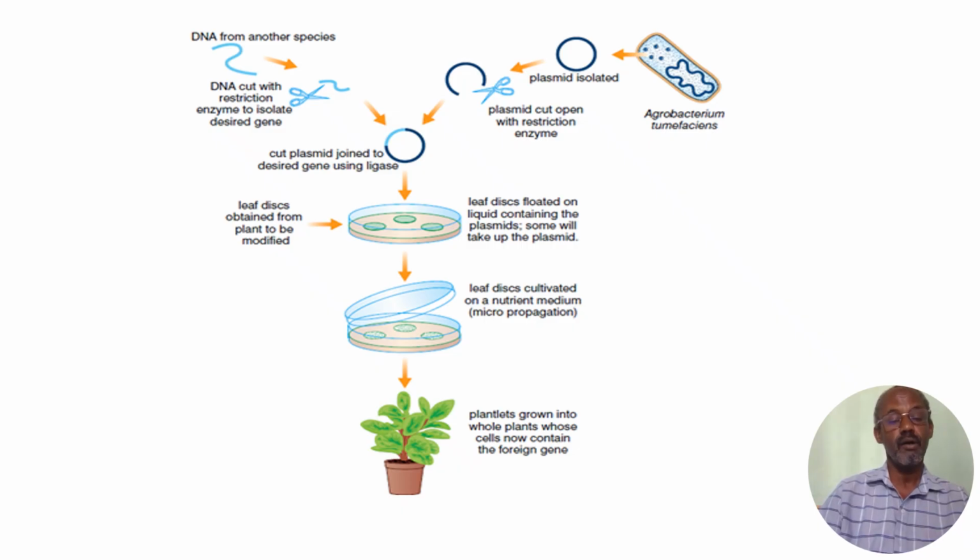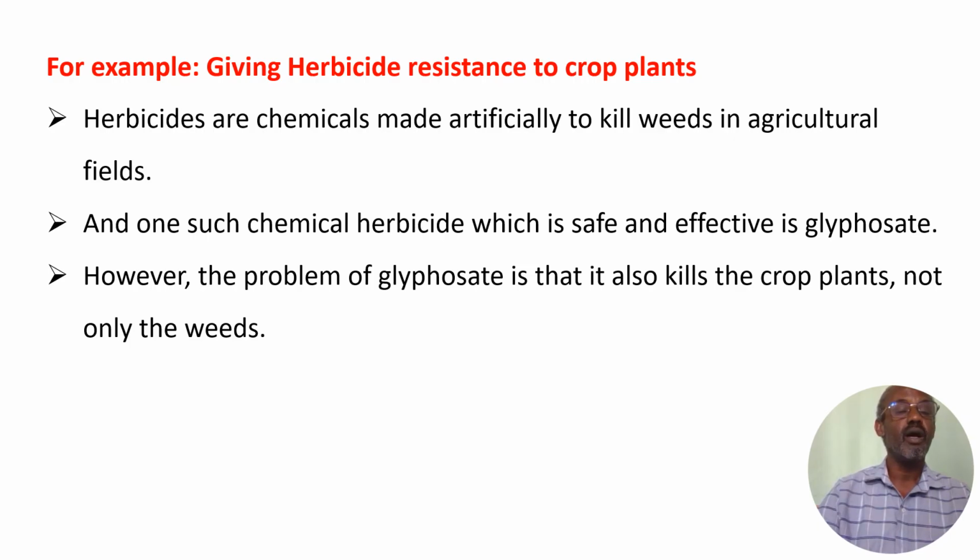This plantlet, the small plant that you get, has received genes from the plasmid of Agrobacterium tumefaciens. So you can plant these plants. You can take them to the greenhouse or field and grow them with new traits, for example, giving herbicide resistance to crop plants.